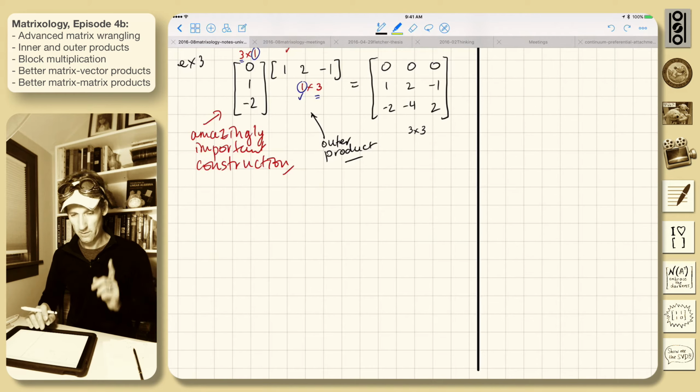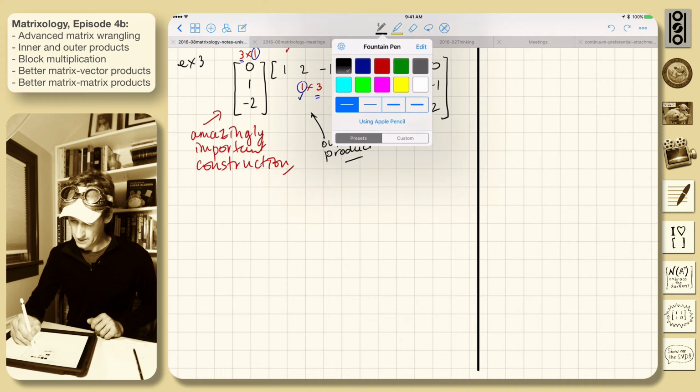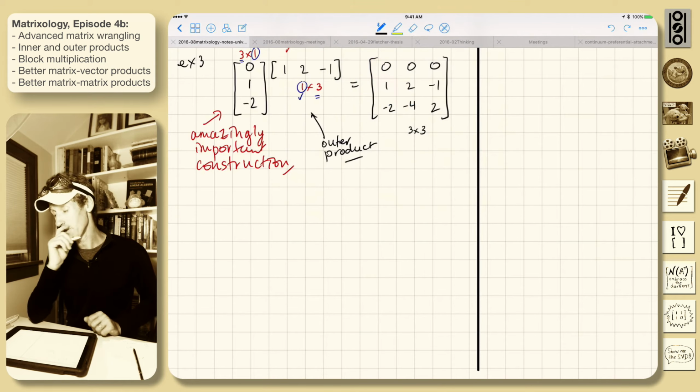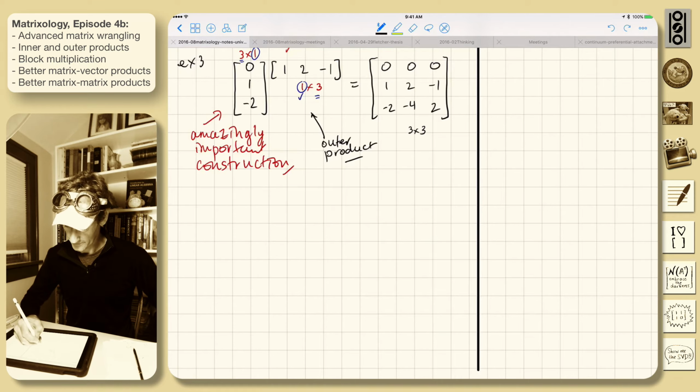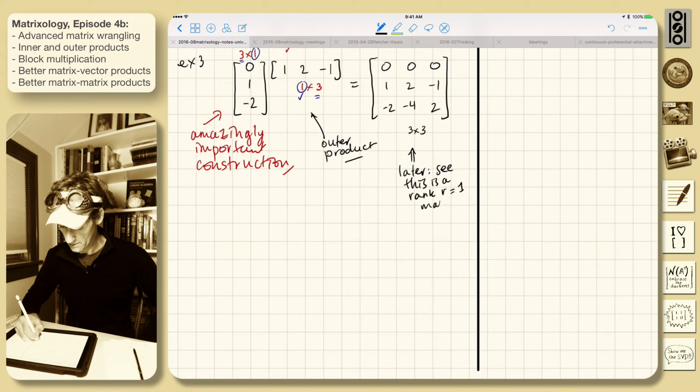So this outer product, very important thing, has these oddnesses. Eventually we'll call this a rank 1 matrix. Later. And rank has a special thing, r equals 1 matrix. More is coming.